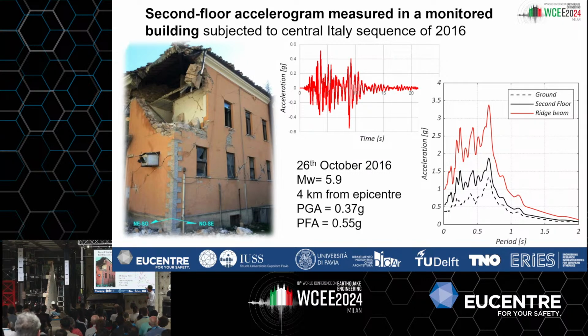The black one is the floor accelerogram. Oh, this is wrong. The black should be, okay. Sorry. The red one is the one at the floor, and it is referred, I don't know why, because I made a mistake, to the black one there, so it's the floor one. The other one is what we expect for the roof, so another amplification of 2 times.